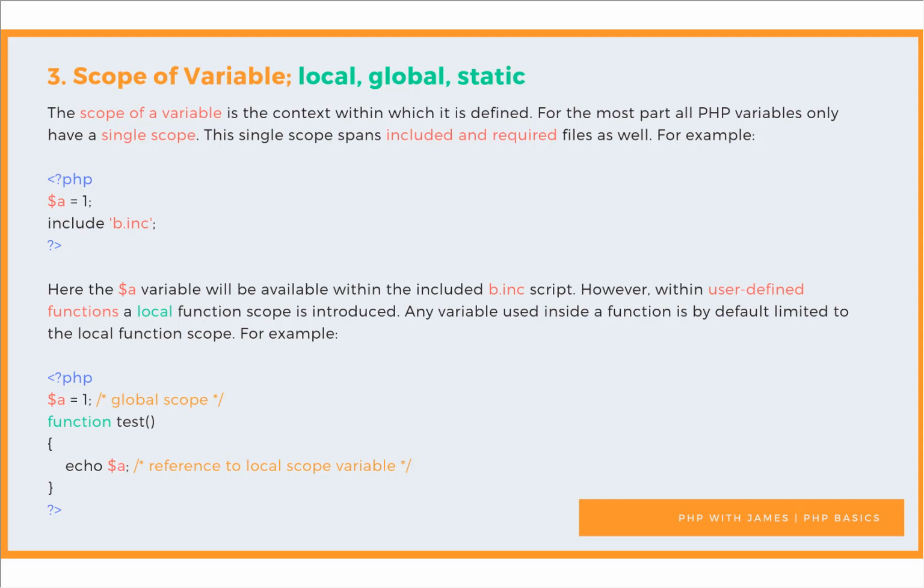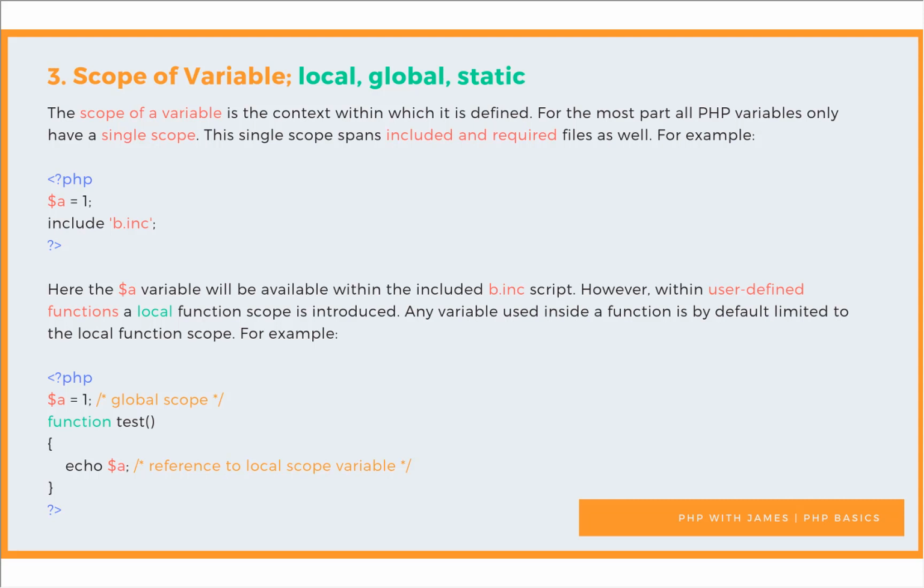For example, if we have a variable on the first line, $a = 1, and then we include b.inc, the $a variable will be available within the included b.inc script. However, within a user-defined function, a local function scope is introduced.